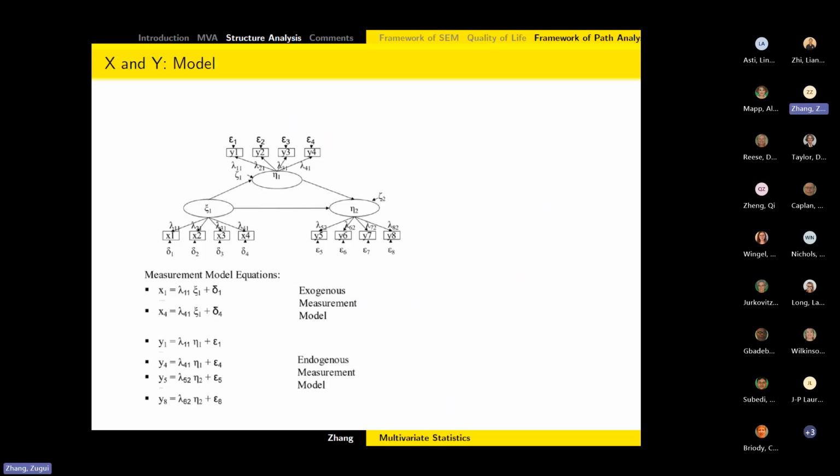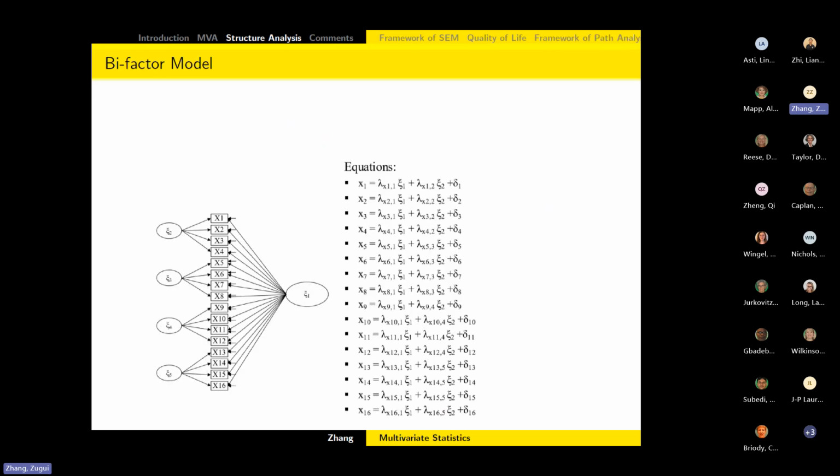And then for these constructs, we could build up our measurement model equation, and then we consider independent variables and outcome variables. A group of outcome variables can contribute to another group of outcomes, and then we can build up the measurement model equation for independent variables and also for outcome variables.